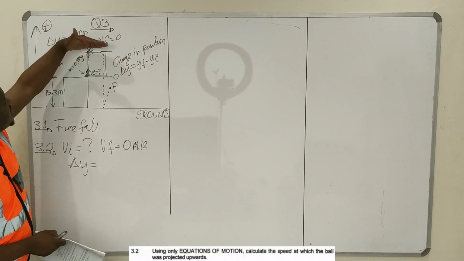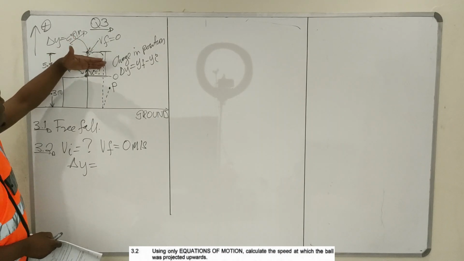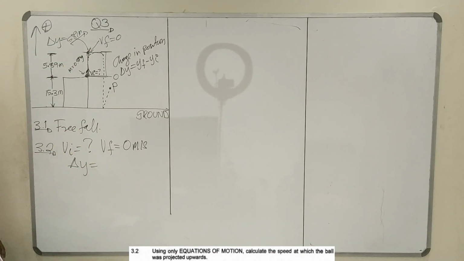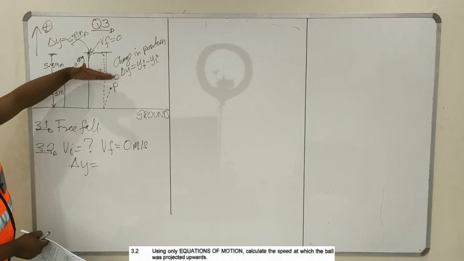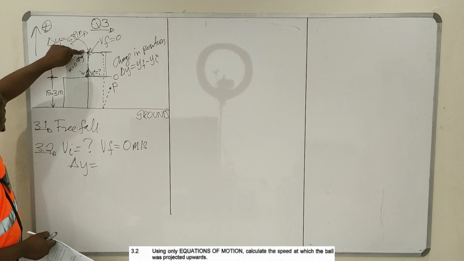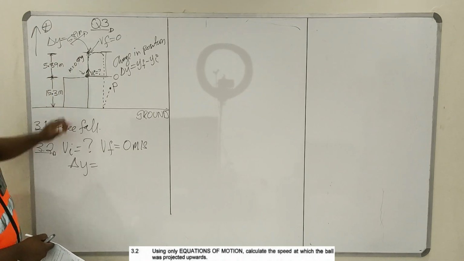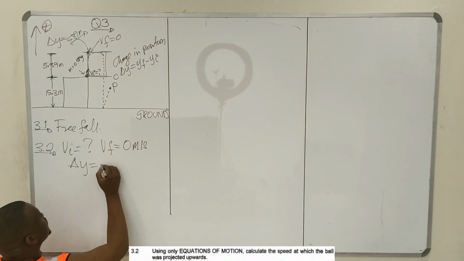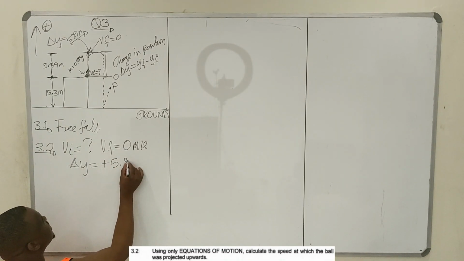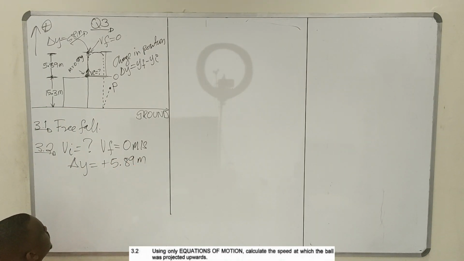So everything above this point will have a positive displacement, and everything below will have a negative displacement. Now my displacement is from this to that, so 5.89. It's above my starting point, so my displacement will be positive 5.89 meters.